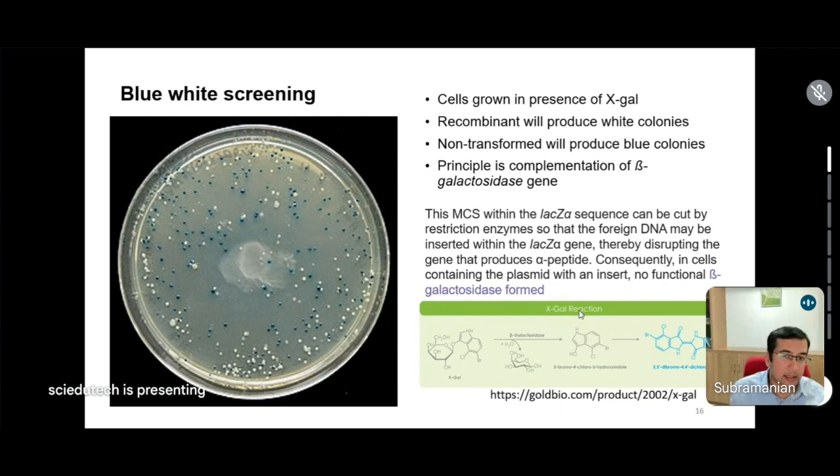And the principle is complementation of the beta-galactosidase gene. So LacZ codes for beta-galactosidase. And here is the reaction below: X-gal is cleaved by beta-galactosidase to form this blue color compound. That's how it works.